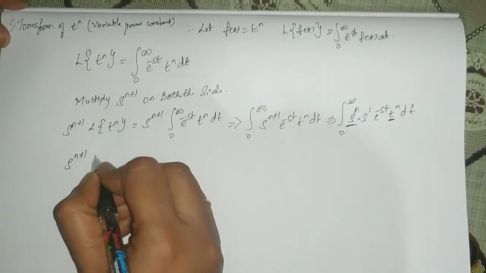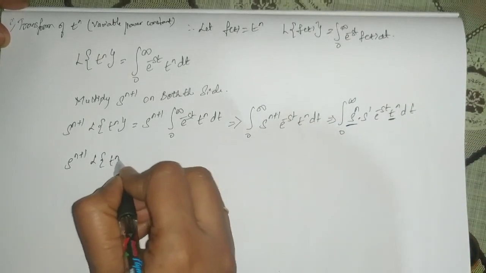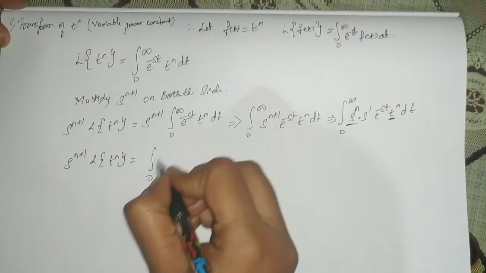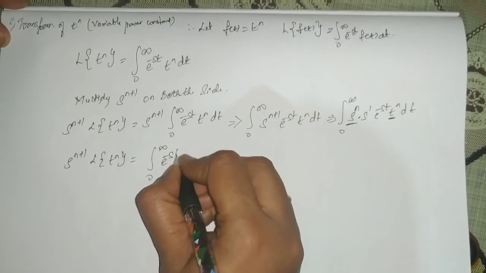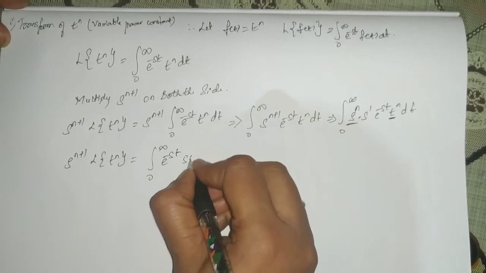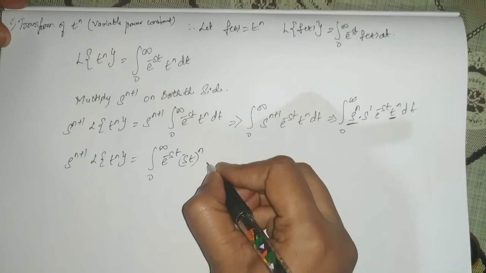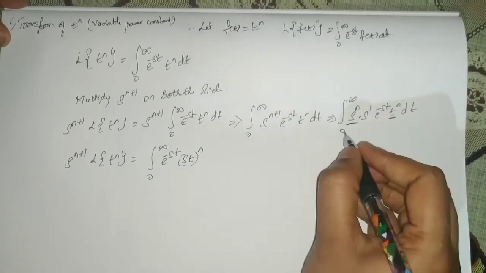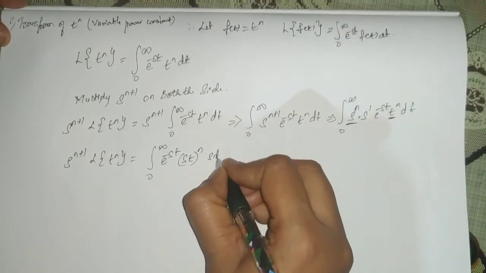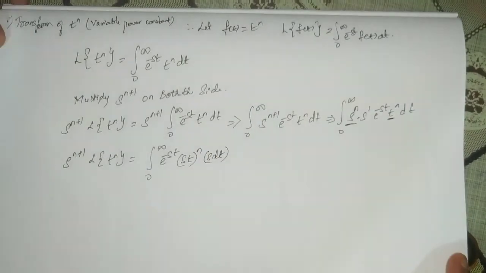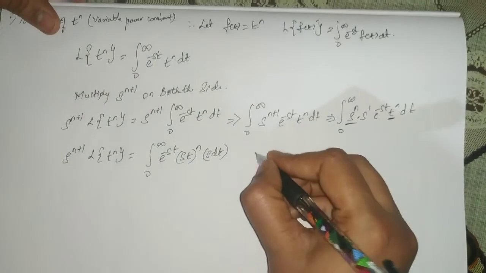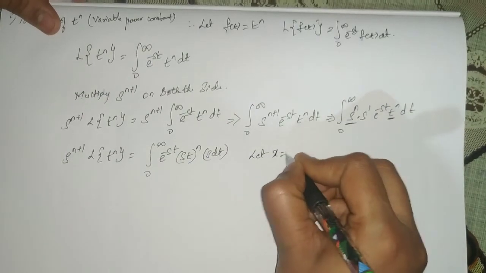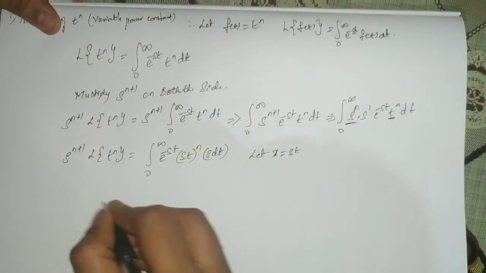So s power n plus 1 Laplace of t power n can be written as 0 to infinity e power minus st to the power n, because they have common power as n, and one more s I'm combining to dt. Again, this cannot be solved directly, so let us take x is equal to st.